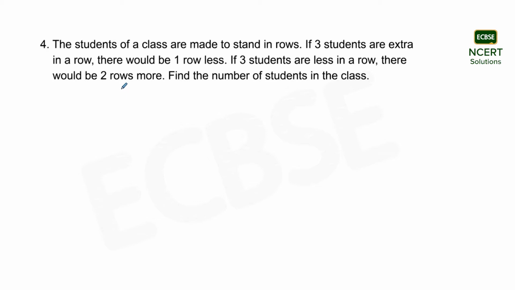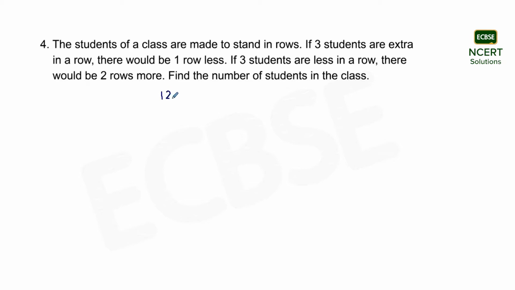So this was being asked in the question, and we need to find how many students are there in the class whose arrangements we are defining here. Okay, now before doing this question, let us get to know this problem clearly.